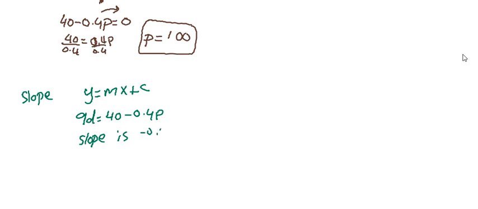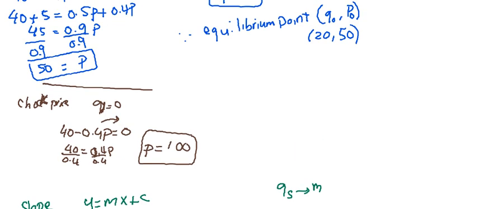And for the quantity supplied, QS, he also wants us to find the slope. We represent the slope by small m.